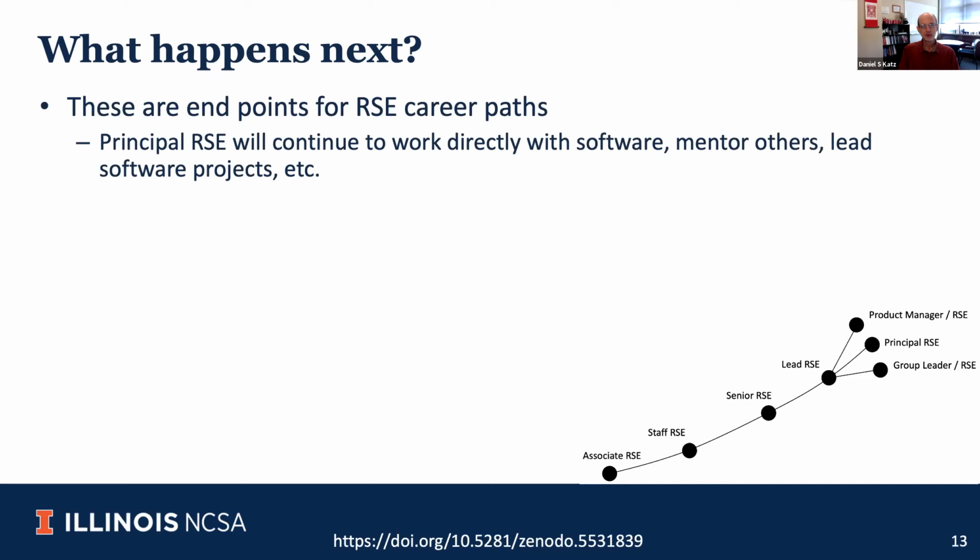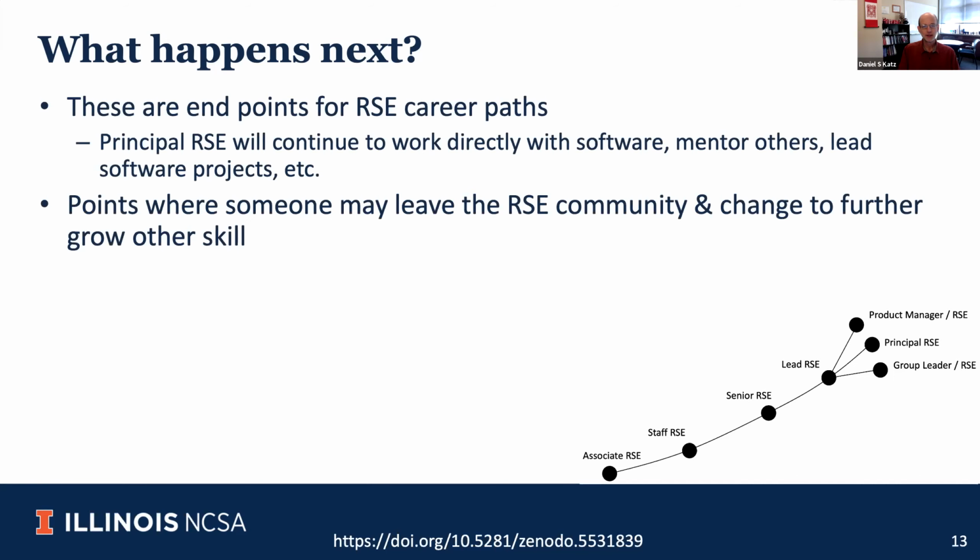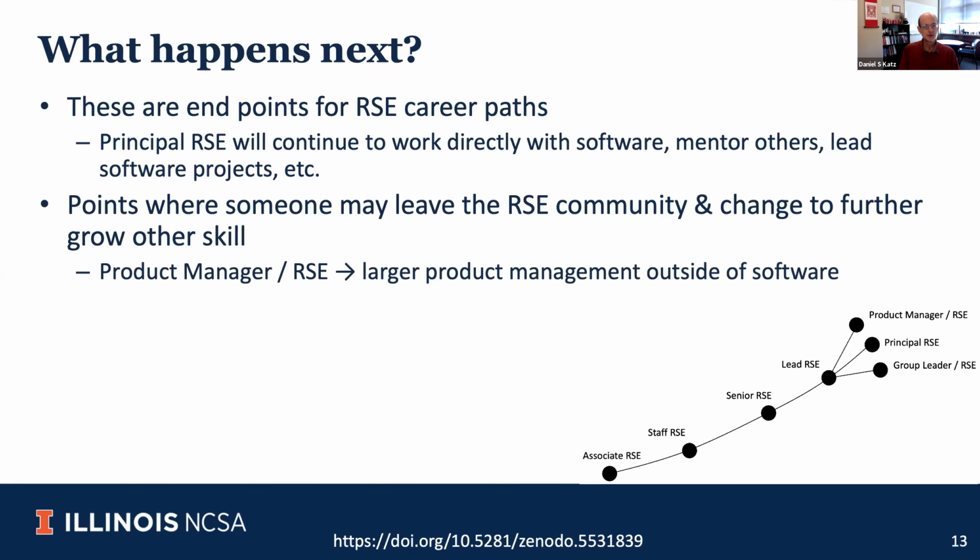So the principal RSE maybe stays in that role and continues to work directly with software and mentoring others, leading software projects, things like that. But these also could be the point where somebody might leave the RSE community and change to further grow some other skill or skills. So the product manager RSE may move into some kind of larger product management outside of software.